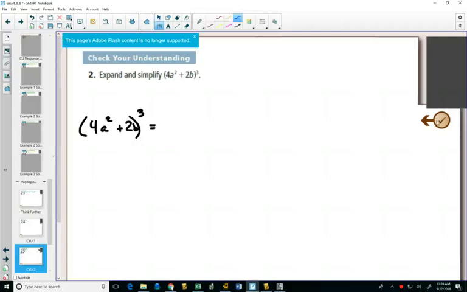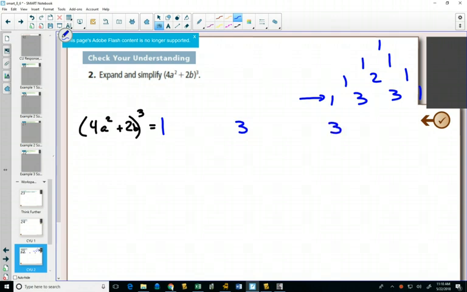So when I'm looking at Pascal's triangle, I would only need to go to this 4th row, because that 4th row has 4 terms, and because my exponent is 3, I know that the expansion of this is going to have 4 terms. And I already know that the coefficients, which I'll do in blue, go 1, 3, 3, 1.